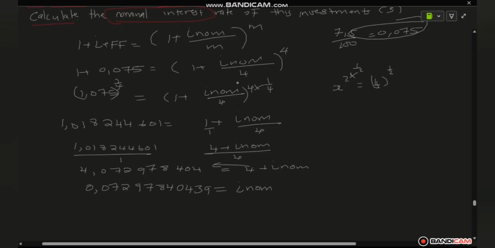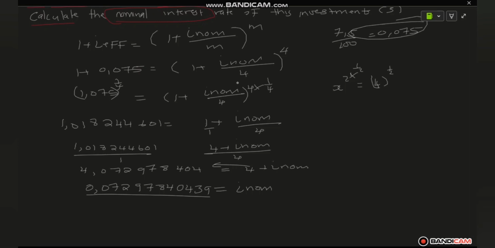Then you are not done. You multiply your answer by 100, then after that you round off. Don't round off before multiplying by 100. Then that decimal multiply by 100, then you round off.